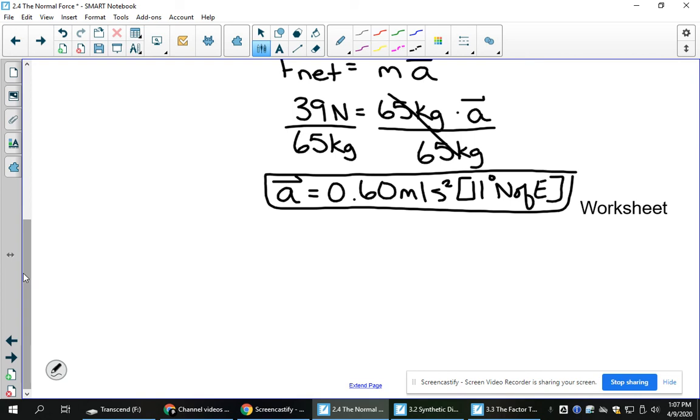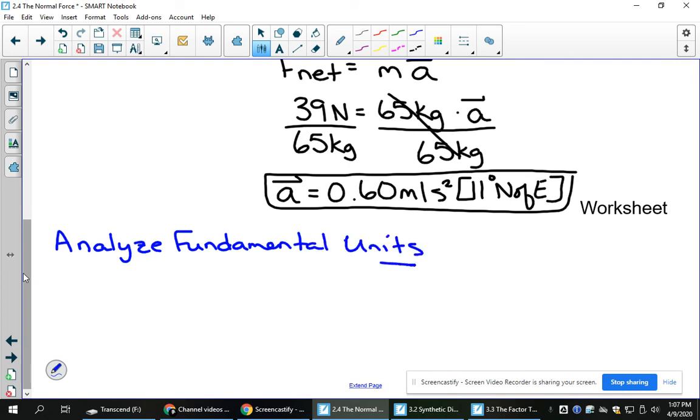Now, I'd like to take one moment to analyze what we call our fundamental units here. So for this question, we ended up taking newtons and dividing by kilograms, and we got meters per second squared.